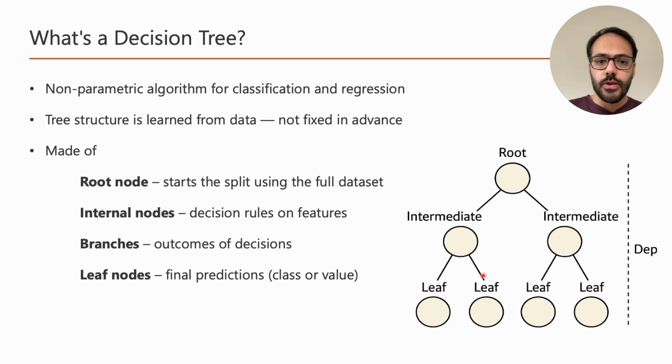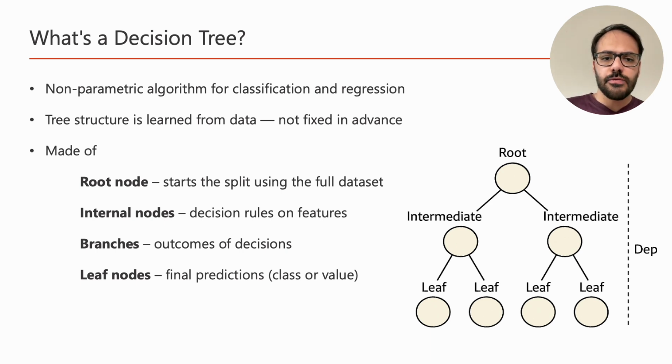Therefore, we have something that is very easy for humans to read: we start with some condition, then this is true or false, and based on that we can have other conditions. At the end, we get to these leaf nodes, and these are final predictions, which means that if we have classification, we have class labels, and if we have regression, we have continuous values that we predict for the target variable.